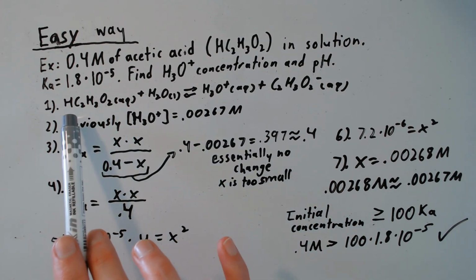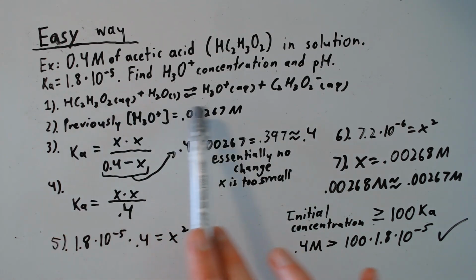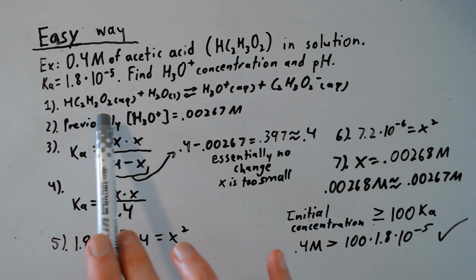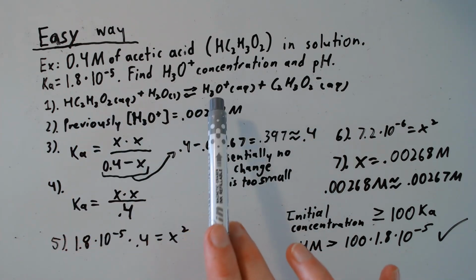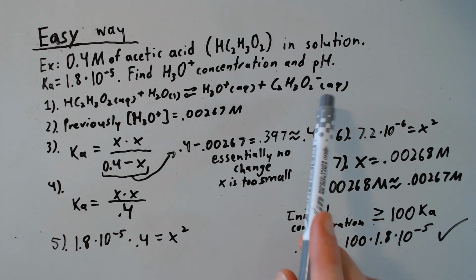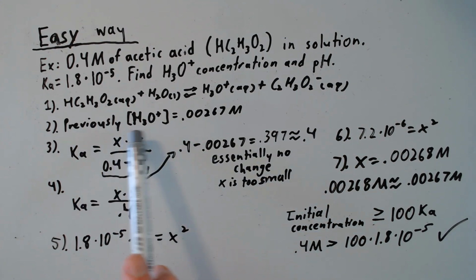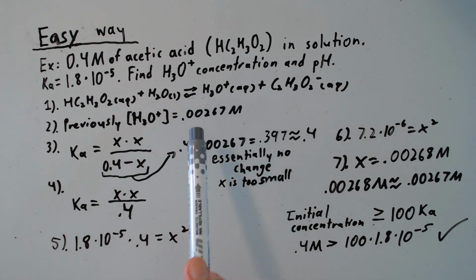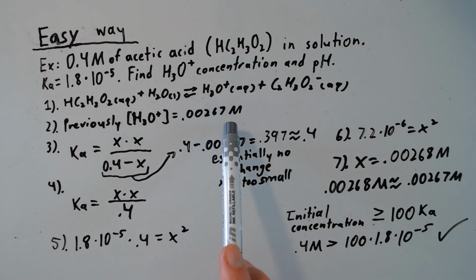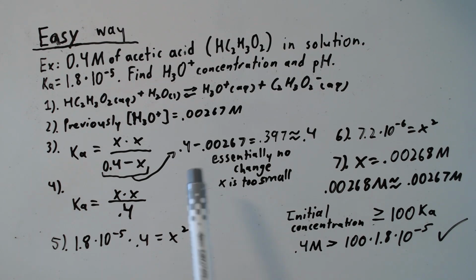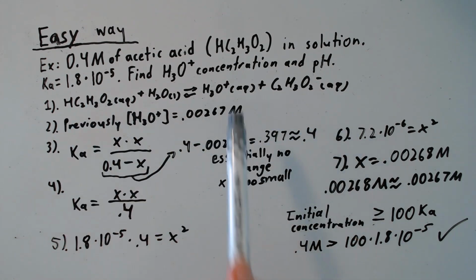So again, we have our reaction on the top where HC2H3O2 dissociates to form H3O+ and C2H3O2-. Previously, we determined that the concentration of this H3O+ for this problem is 0.00267 molar. Now, we can solve this problem a different way.